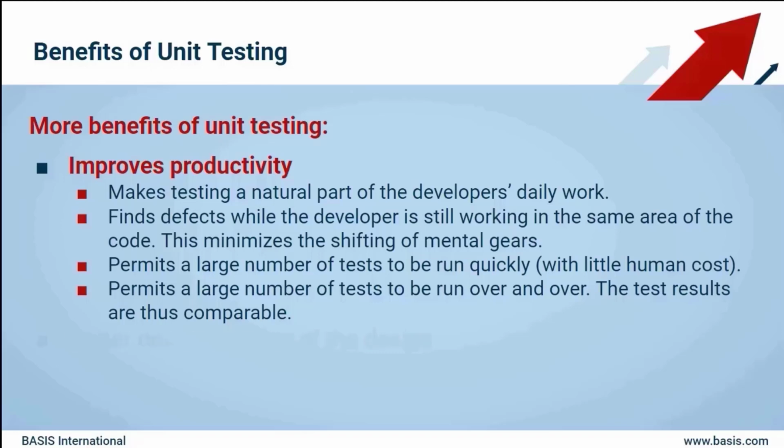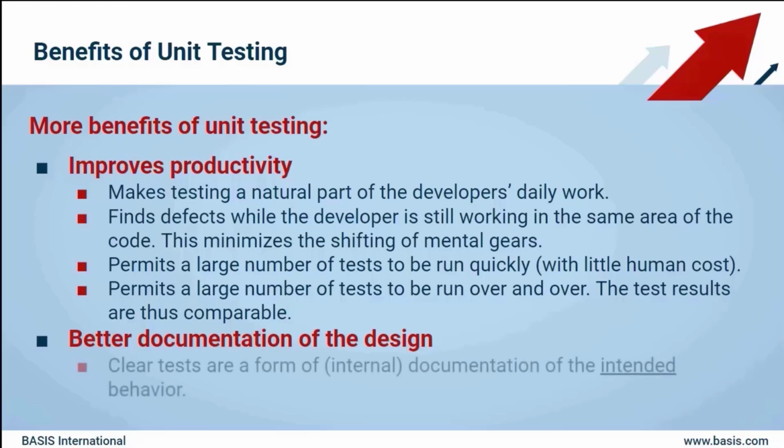It provides better documentation of the design. Why is that? Well, clear tests are a form of internal documentation of the intended behavior. What was the developer intending for this particular piece of code, this method or subroutine or function or attribute to do? Hopefully that is captured in the design and the notes and comments in the test.